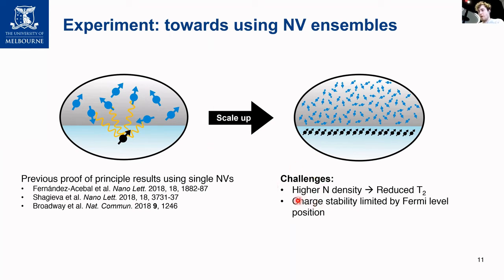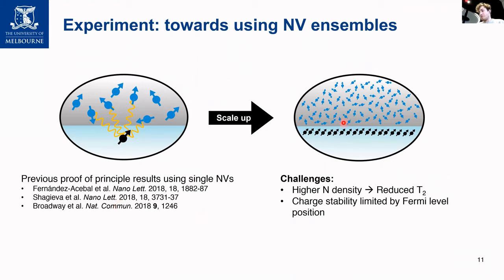It's not necessarily obvious why this is related to ensemble versus single, but that's really because when you use singles, you can find ones that are anomalously good in a sense. In diamond, the charge stability of the defect is not just set by the Fermi level position, but also its local charge density. So it's possible to find ones that are charge stable near to the surface, at least long enough for you to do your experiment, that wouldn't be there on average.